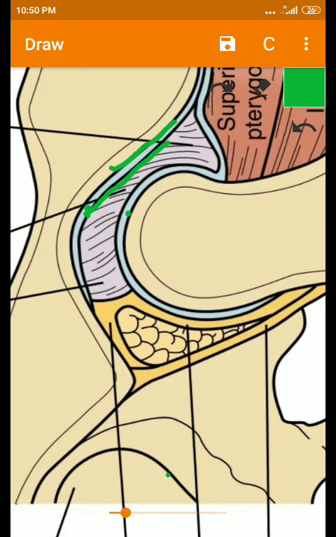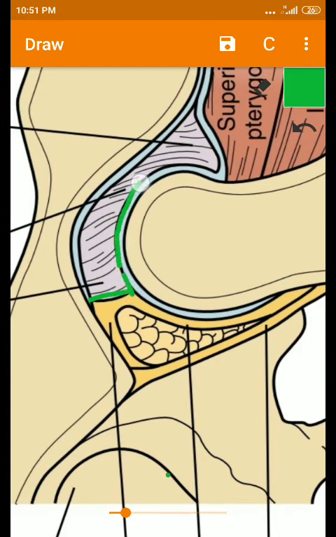Here the articular disc is biconcave in shape. So this temporomandibular joint is also called a bicondylar joint. Some physiologists have studied the structure of the articular disc.